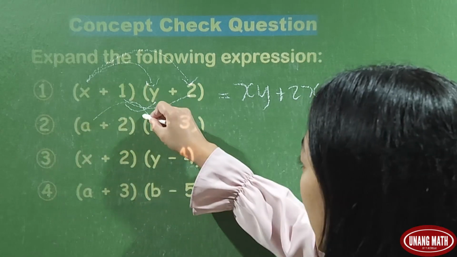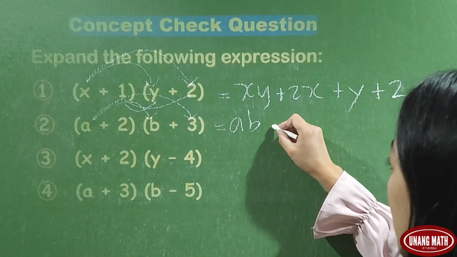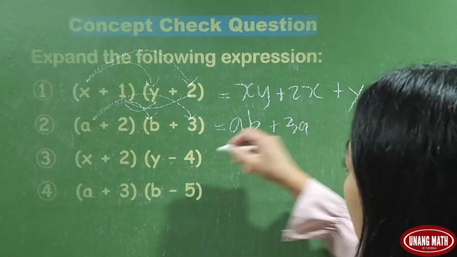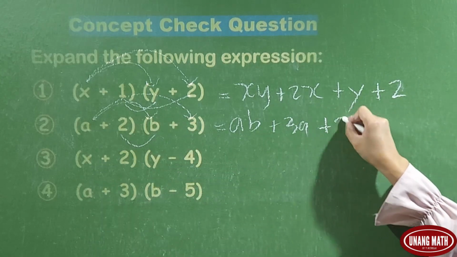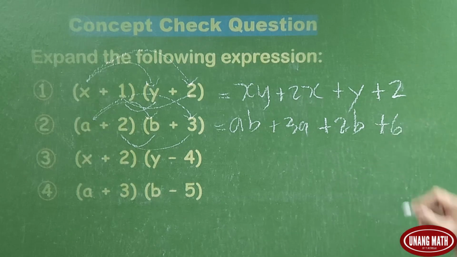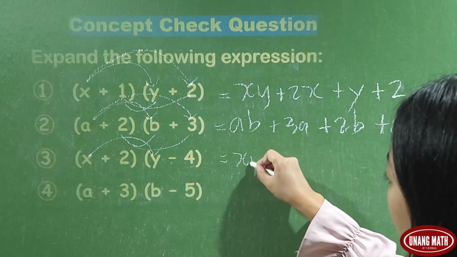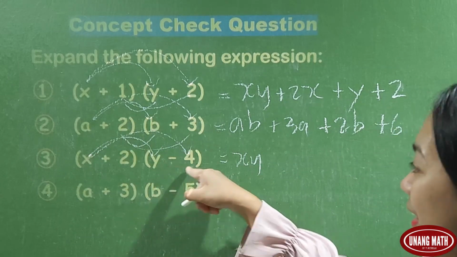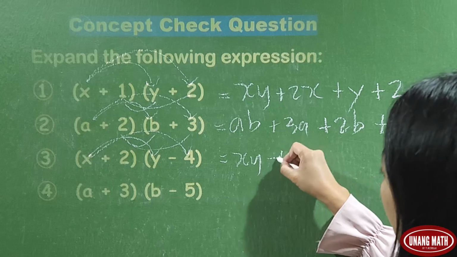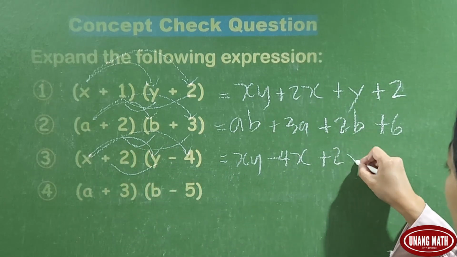For number 2, a times b is ab. A times 3 would be 3a, so plus 3a. 2 times b is 2b, so plus 2b. 2 times 3 is 6, so we have plus 6. For number 3, x times y, xy. X times negative 4, so this is minus 4x. 2 times y is 2y, so plus 2y.